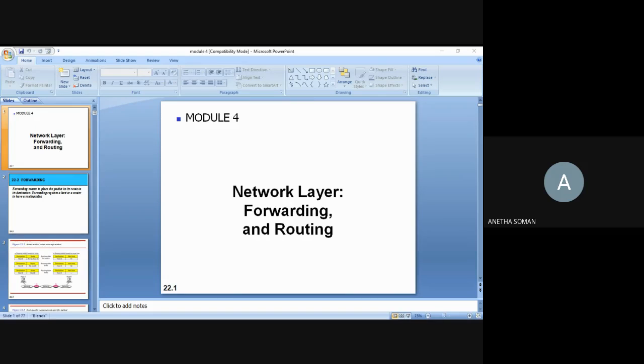Now, what are the three different types of forwarding techniques? Jyotish. Jyotish is there? Amaya is there? Yes, miss.